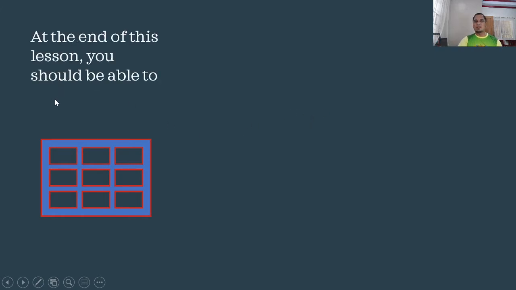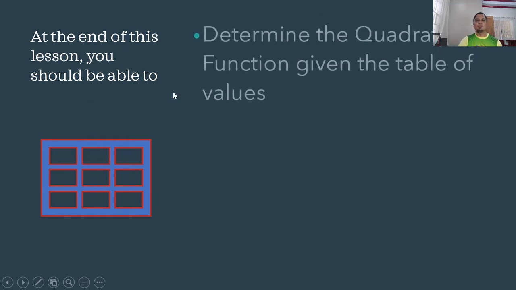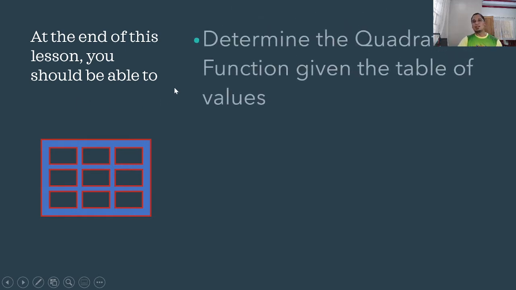At the end of this lesson, as usual, you should be able to determine the quadratic function given the table of values. As I have mentioned before, the table of values will be our given, and the task at hand is for us to come up with the quadratic function.